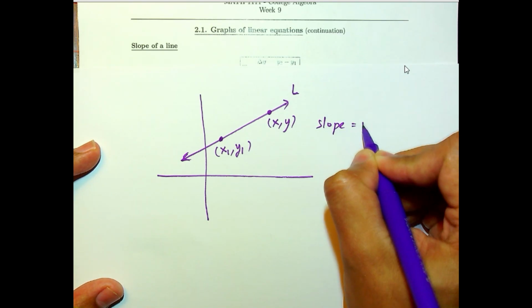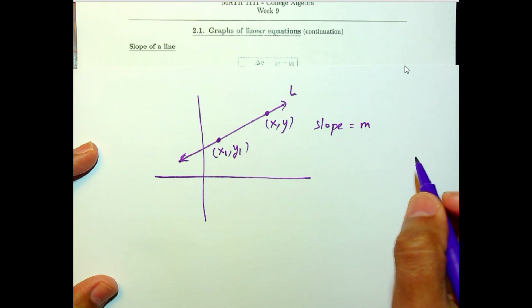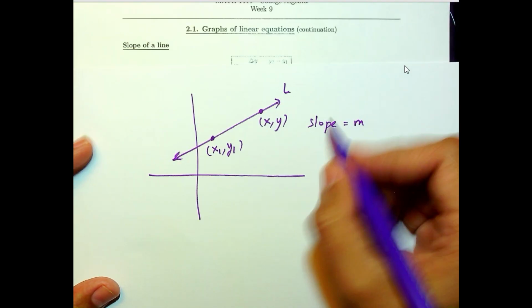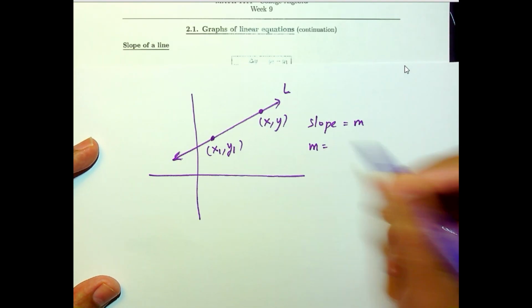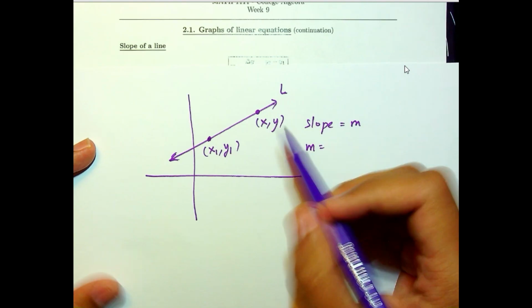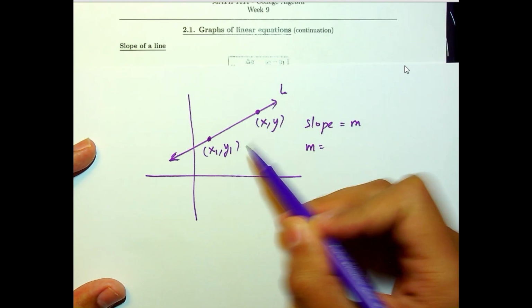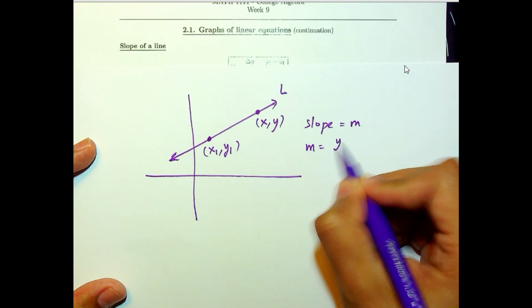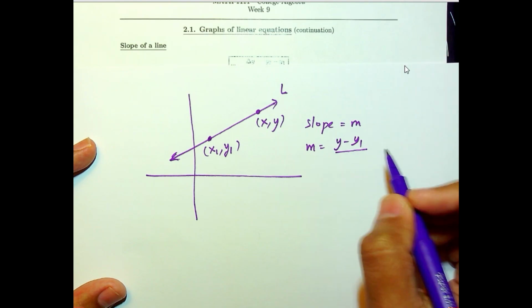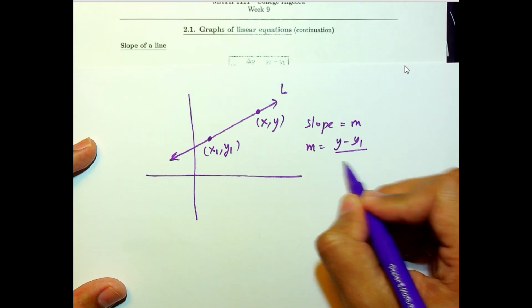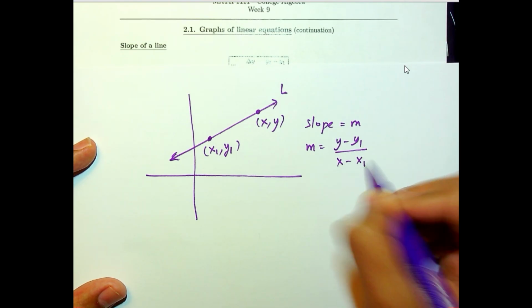The slope equals m. On the one hand, on the other hand, we know what the slope is from the formula, right? So we subtract the y's, so y minus y1 over, now subtract the x's, x minus x1.